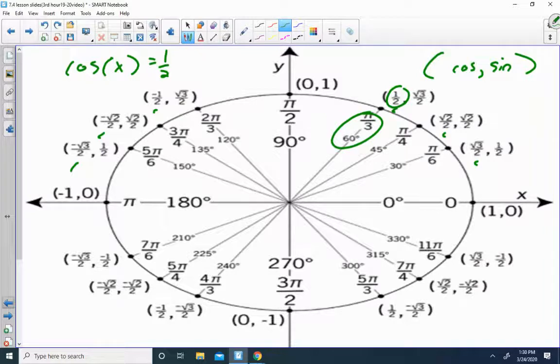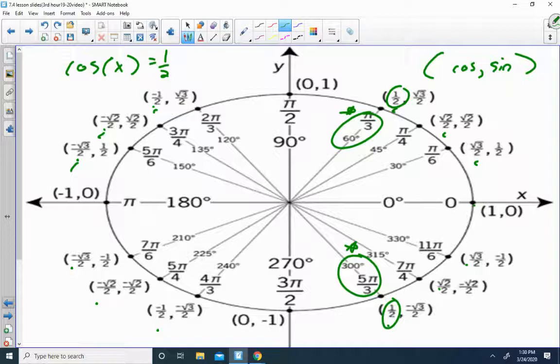Let's keep looking. Boom, right here, we have cosine equals 1/2. So that's another answer at 300 degrees, or 5 pi over 3. And nope, nope. Okay, we've done a full circle. So these are the two answers that satisfy.